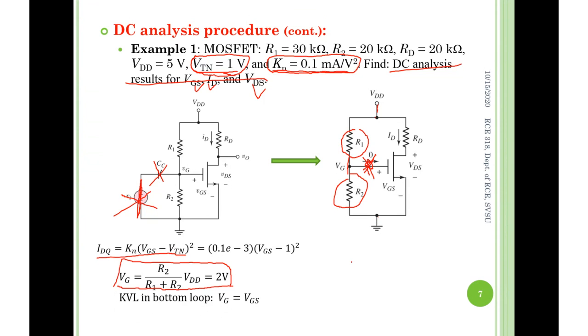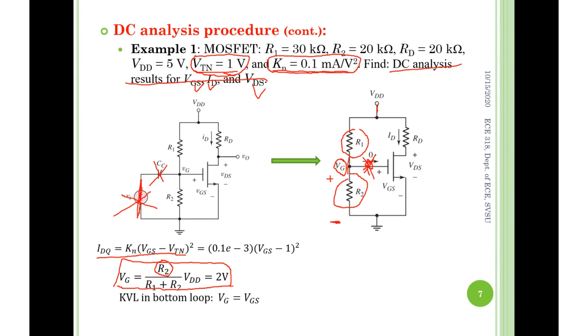So we can apply voltage divider to find the voltage VG here with respect to where? Ground. So from G with respect to the ground is also the voltage across R2. That's why the numerator is R2.